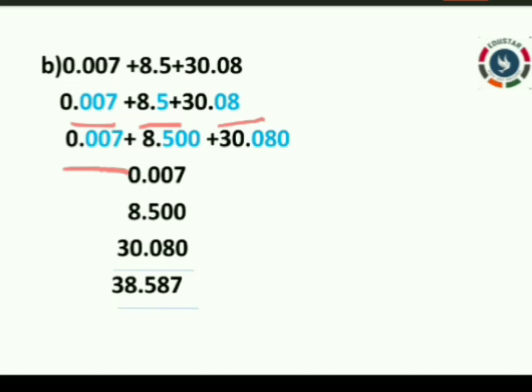You do not have numbers in the 100th place and 1000th place. So now I am going to add 0 in the 100th place and 1000th place without changing their values. Next 30.08. I do not have the 1000th place, so I am going to add 0 in the 1000th place. Now you have to add these 3 numbers. First line up the decimal point, then do the addition. You will get the answer as 38.587.